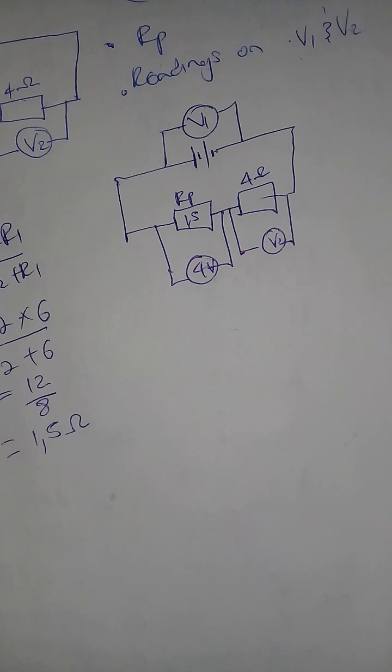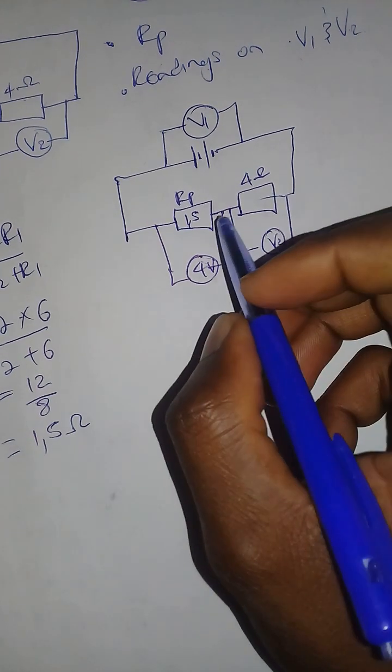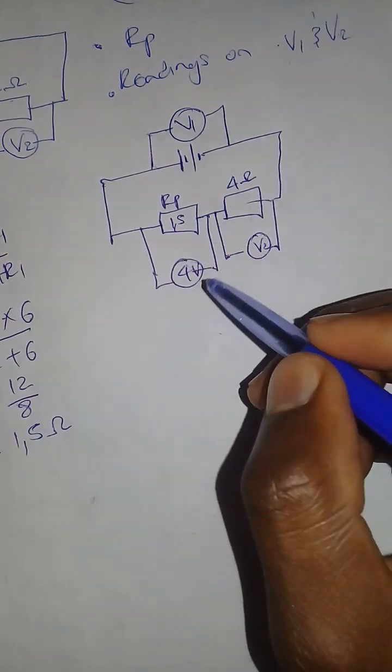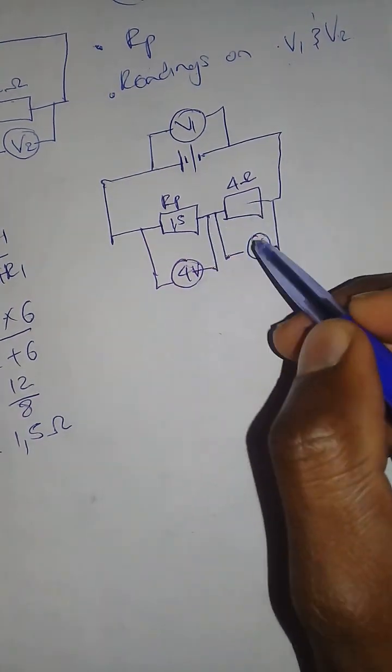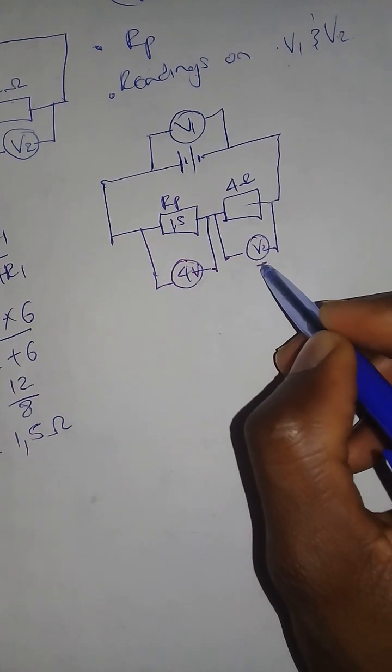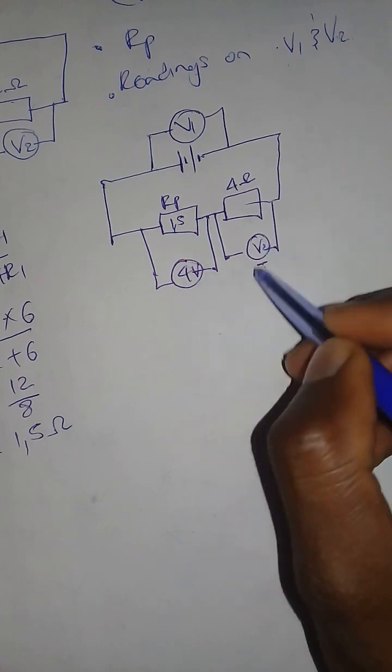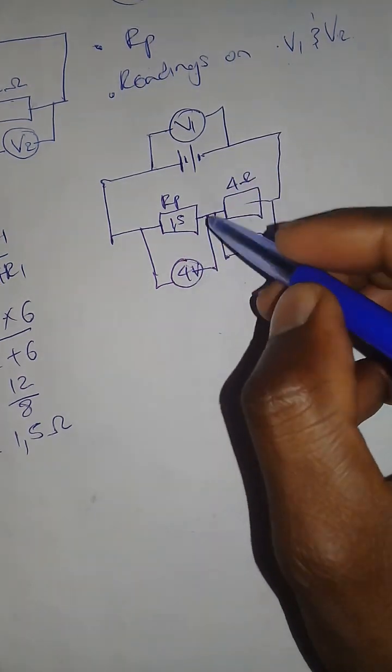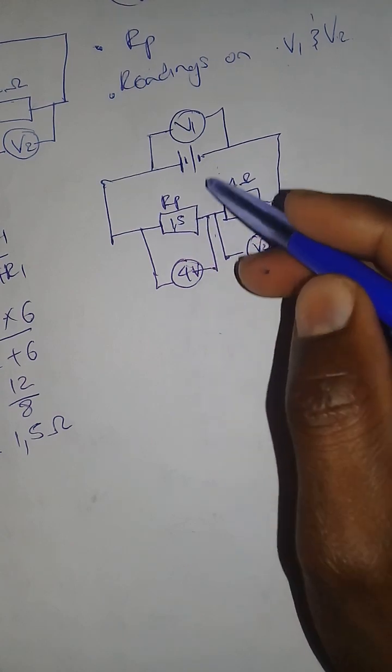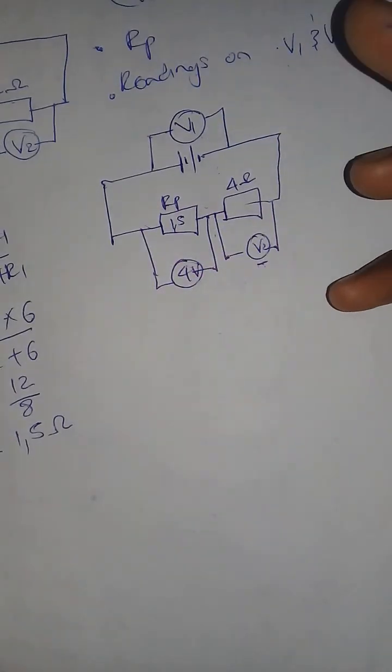Number 2, the current is the same throughout. If I have the current within the circuit, I can calculate my V2. Then I can use the first property, that the voltage is split, so it's going to be the sum of the voltages for me to find V1.